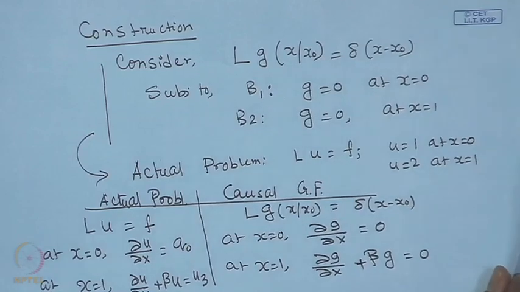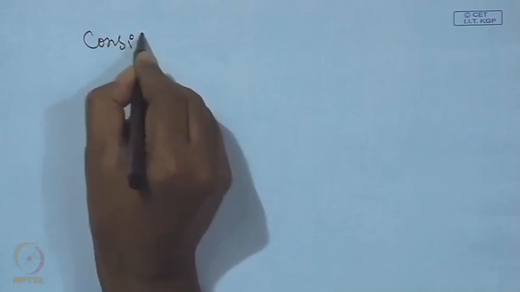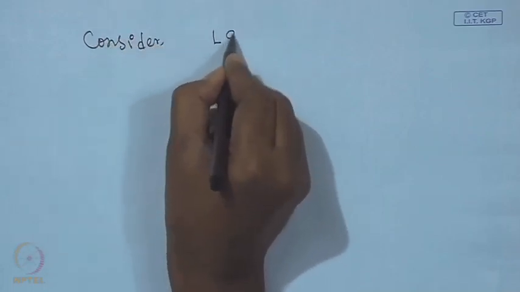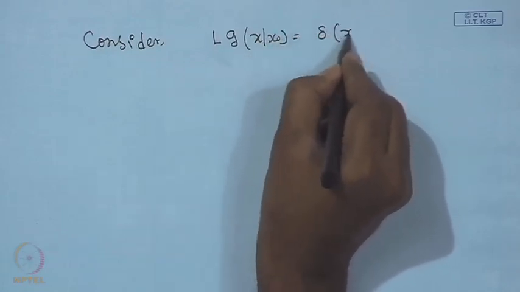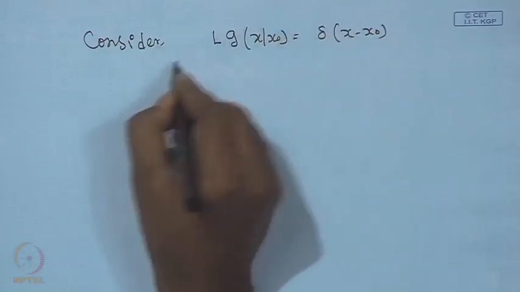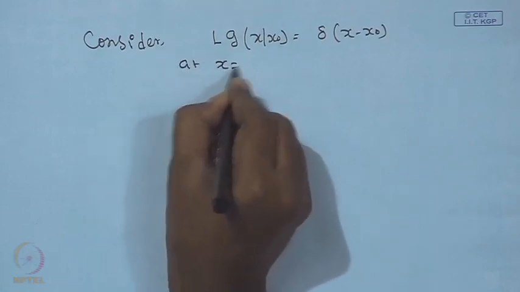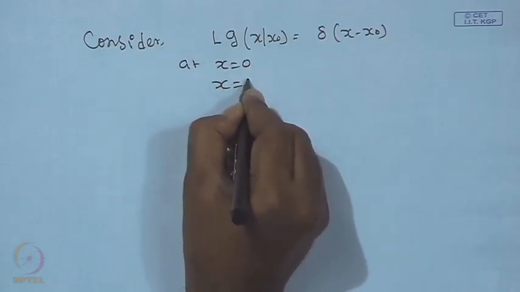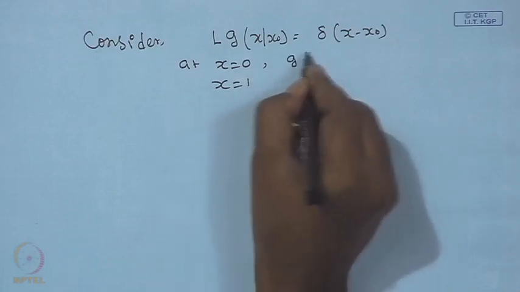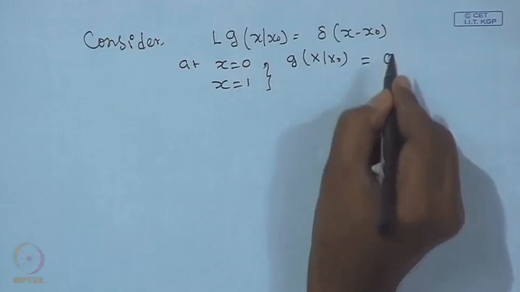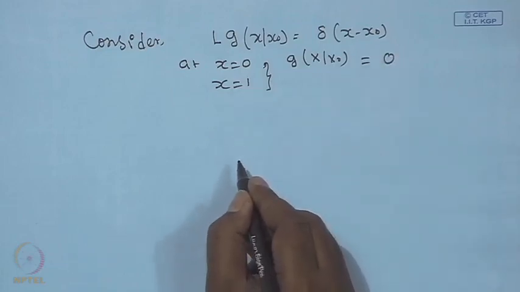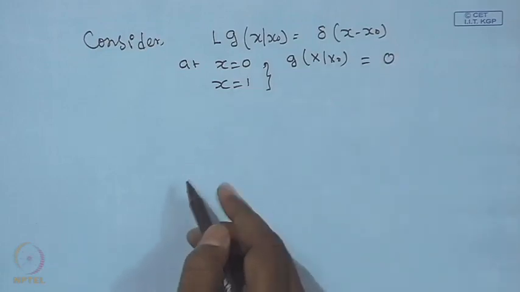Now, let us typically formulate the problem. So, we consider L g x slash x naught equal to delta x minus x naught, subject to g of x slash x naught being equal to 0 at x is equal to 0 and at x is equal to 1. Let us say we have the Dirichlet boundary condition in the original problem.